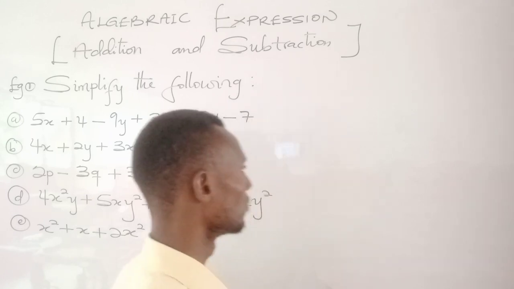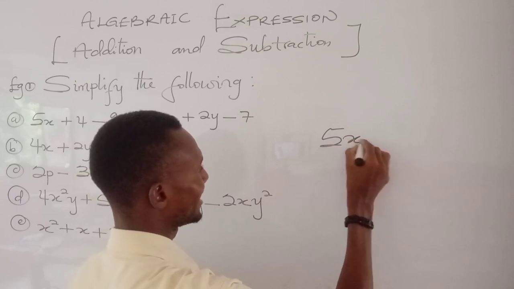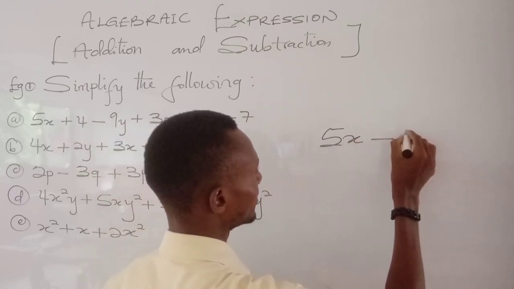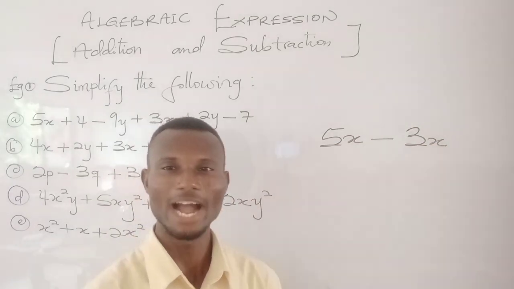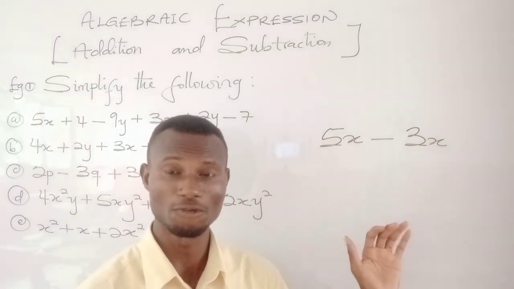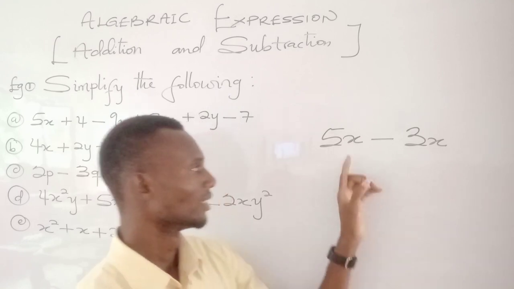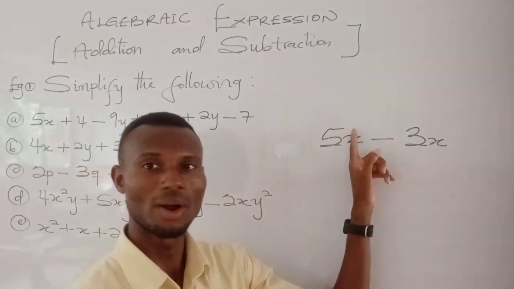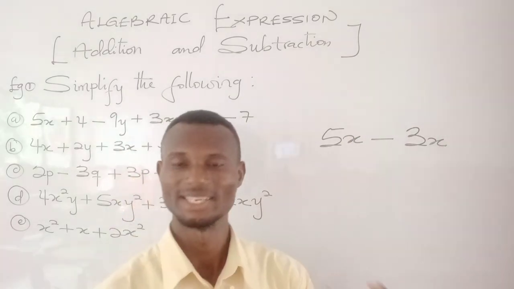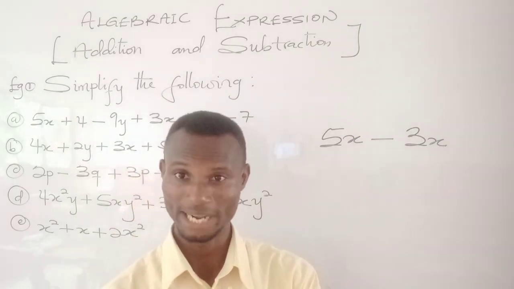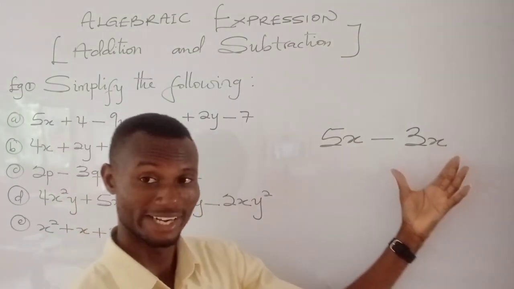So for example, if I have 5s minus 3s on the board, if I want to simplify this one, first of all, let's check if they are like terms. This is s, it has power 1. This is also s, it has power 1. So of course, they are like terms. So it means we can subtract. Okay, so I have 5s minus 3s.